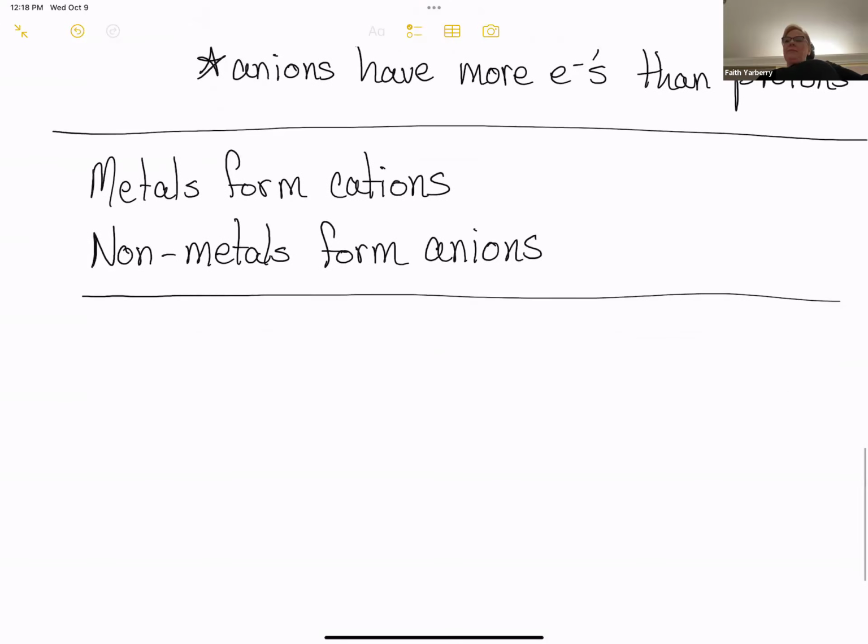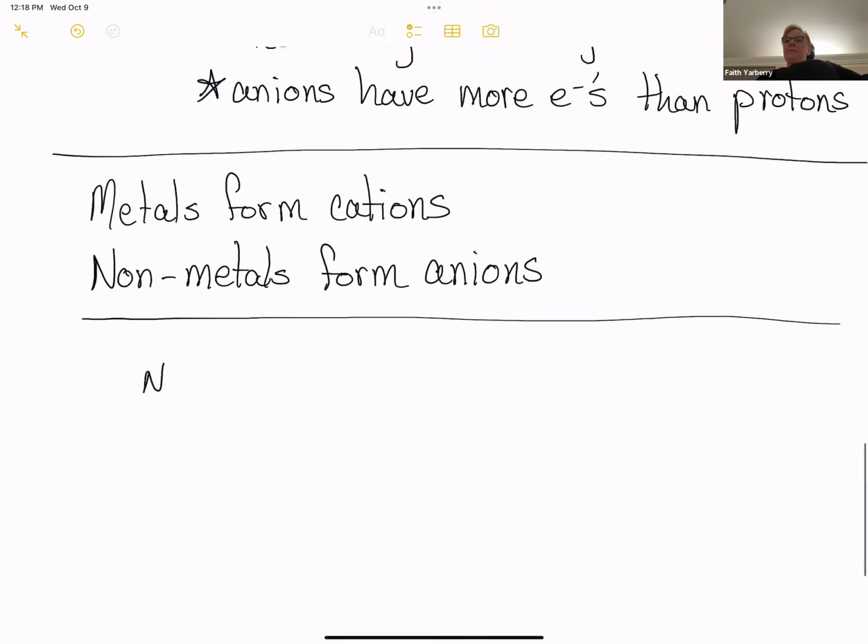Okay. So let's take a look at sodium. Sodium is number 11 on the periodic table, so its atomic number is 11. And therefore, the number of protons equals 11, and the number of electrons equals 11 in sodium.